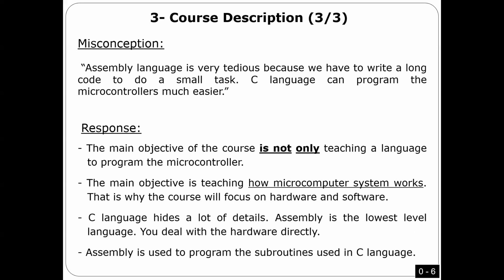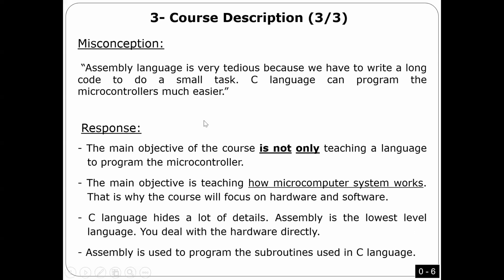You can run it faster than C. Some people use C, some people use assembly, but if you want to do something very fast, assembly is better. Anyway, I'm going to teach both of them here.